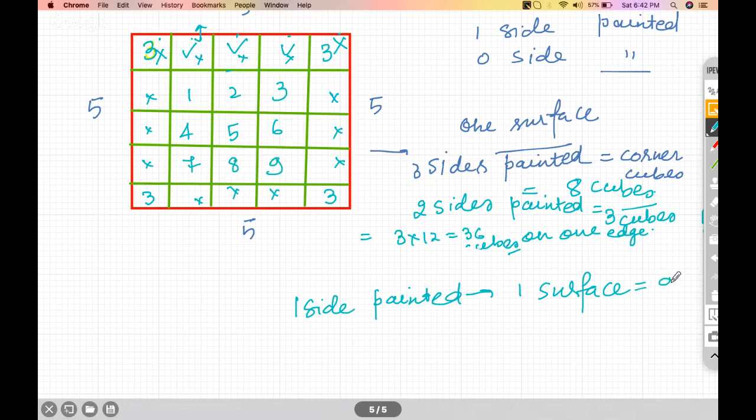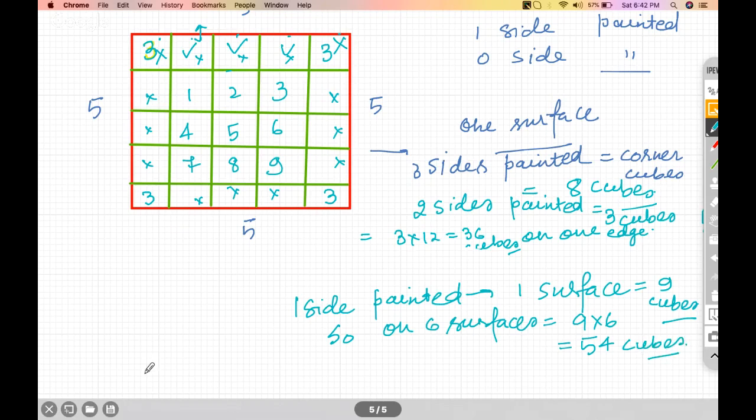On one surface, 9 cubes are there. So on 6 surfaces, it would be 9 into 6, 54 cubes.